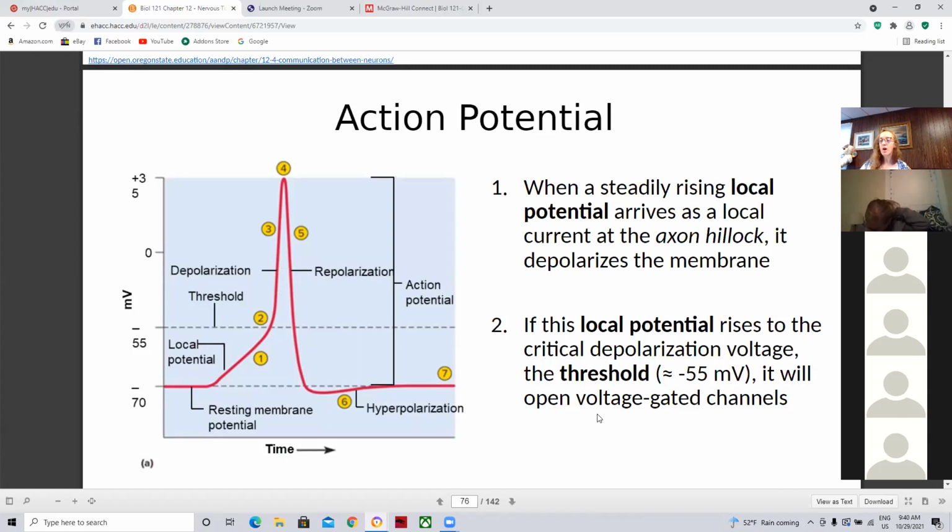Remember how we have 3 different types of gated channels: voltage gated channels, mechanically gated channels, and chemically gated channels. These are voltage gated channels. So the local potential rises to the critical depolarization threshold and opens voltage gated channels.